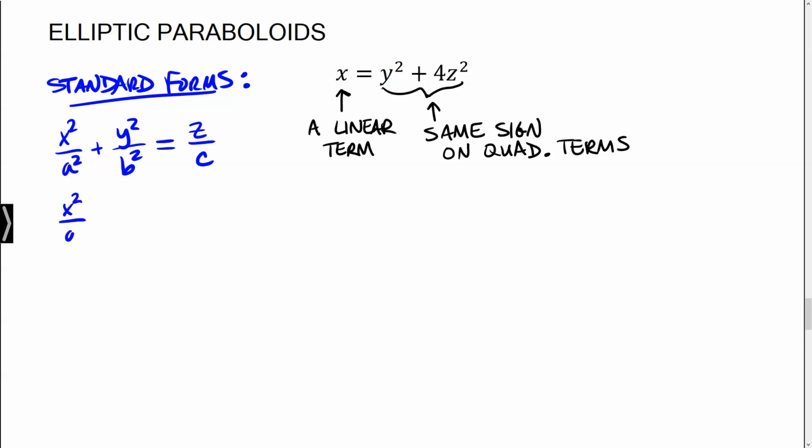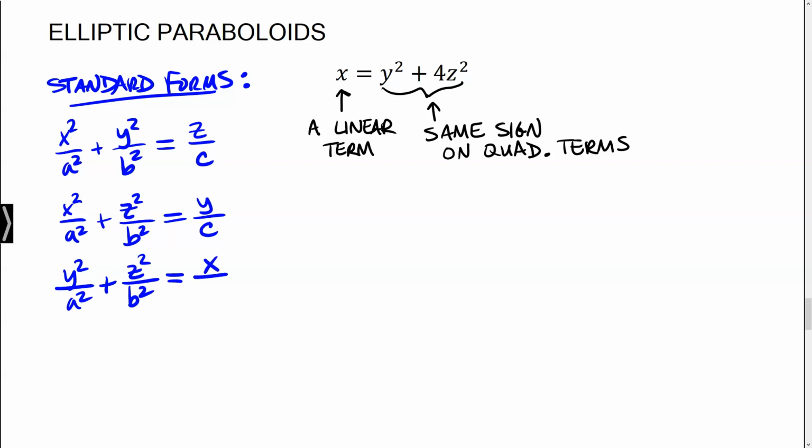Or the other combinations, right? X squared over a squared plus z squared over, I guess say b squared, equals y over c. I guess how you label these doesn't really matter. There may be some way that I'm supposed to be labeling these a little bit differently, but I'm not really worried about that.